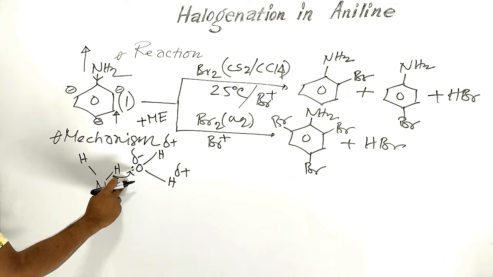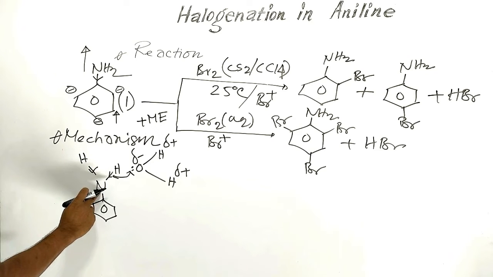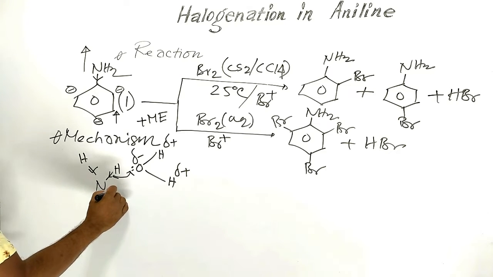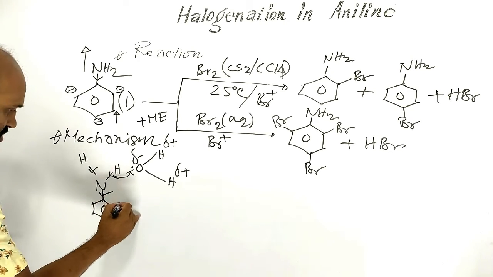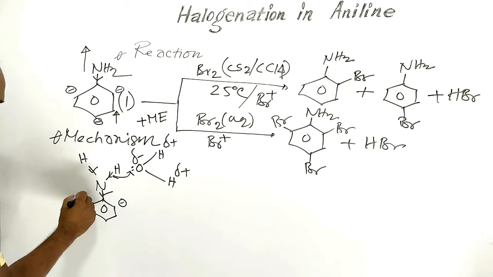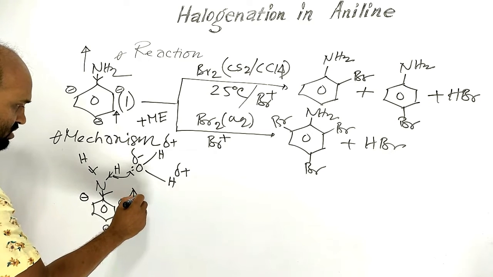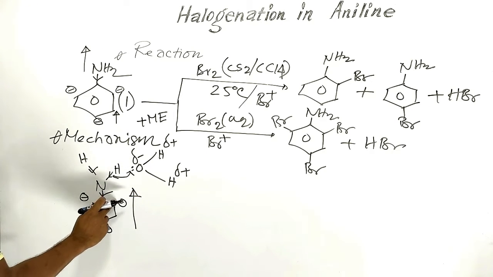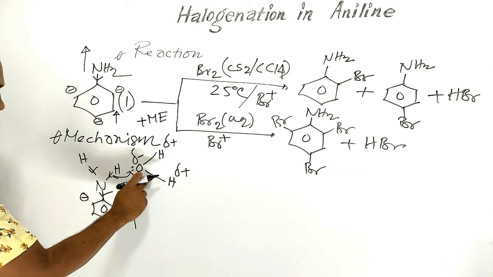Because of this repulsion, electron density increases around nitrogen. Ultimately, nitrogen donates electrons towards the benzene ring. As a result, the ortho positions and para position become electronically rich. That is, electron density increases at the ortho positions and at the para position because of the presence of the polar solvent water.